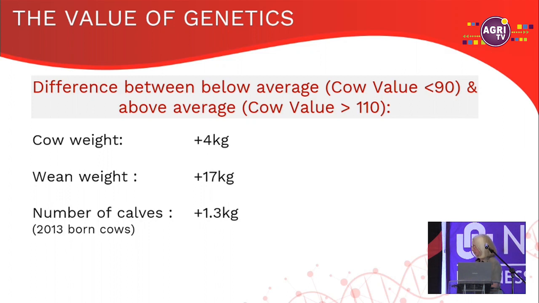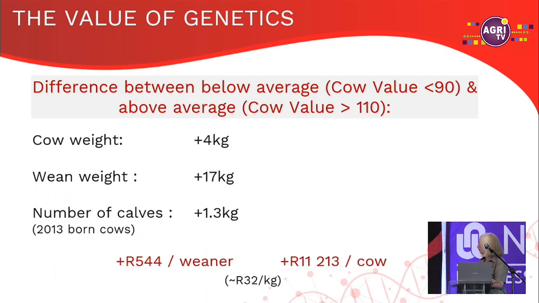And if we looked at the 2013 born cows, so it's more or less 10 years old, this above average group had 1.3 calves more than the below average ones. And if you take that, it's about 540 Rand more per weaner.